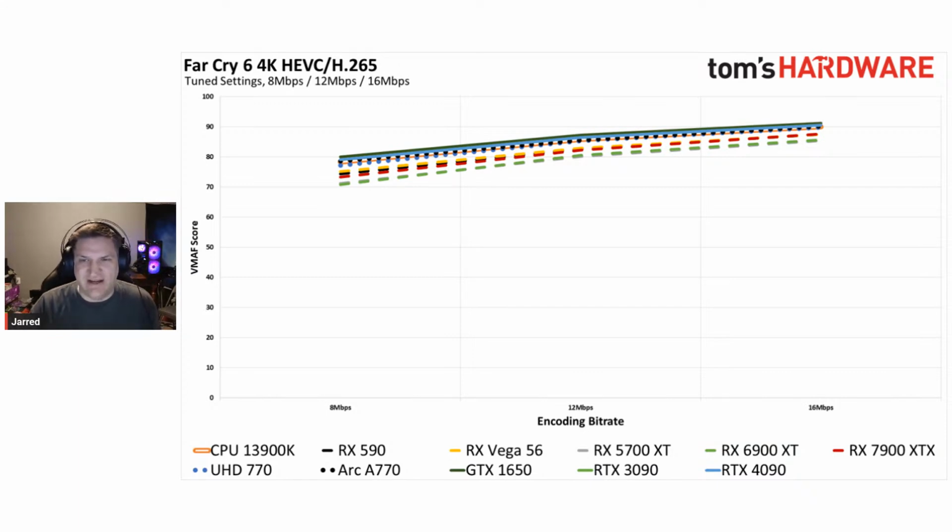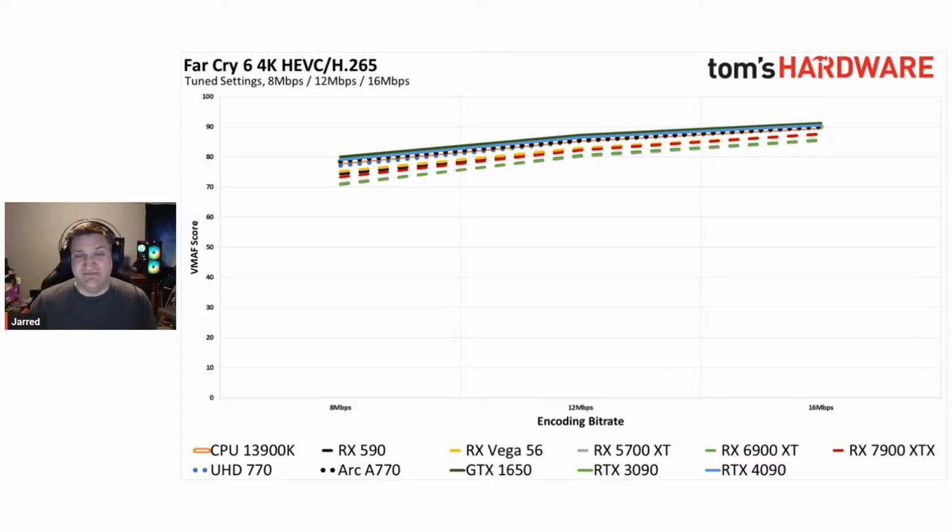The gray is right next to the green. So they went downhill on HEVC quality slightly, at least with FFmpeg encoding. You have to take that with a grain of salt, because I talked to AMD and they said, we can confirm your results are correct, but we've submitted fixes to the FFmpeg community and those should be rolled in.